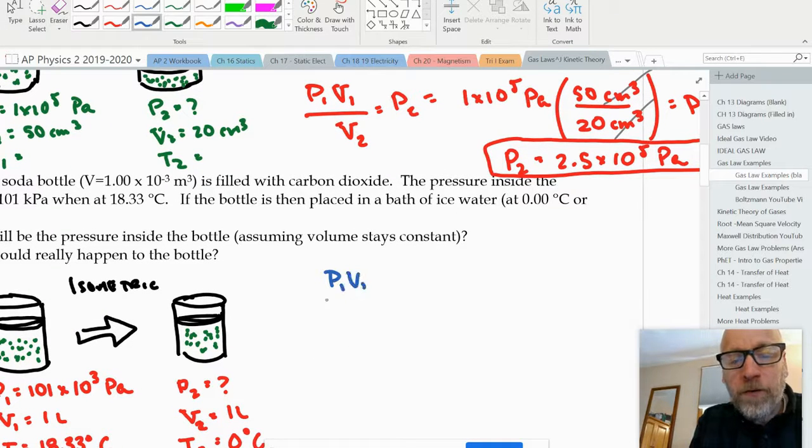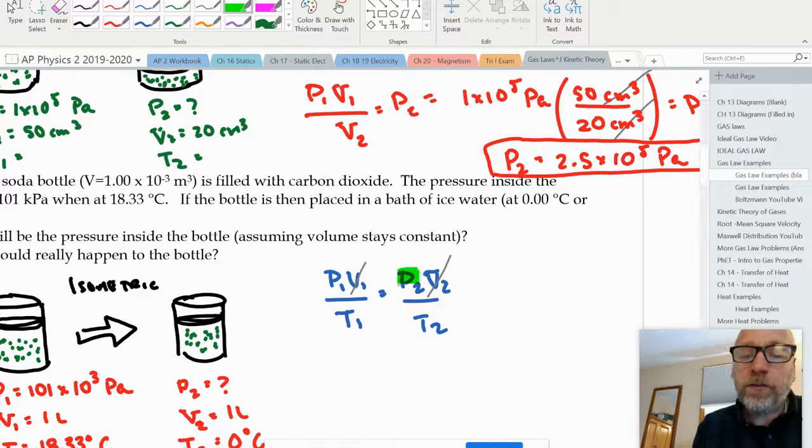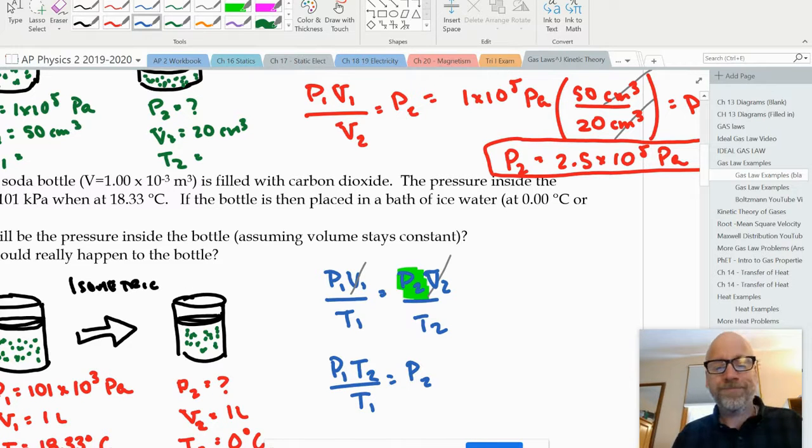P1 V1 over T1 equals P2 V2 over T2. Volume stays constant. And what I'm trying to solve for, again, is P2. So I get that all alone, and I'm going to have P1 times T2 over T1 equals P2. Why? Because algebra says so.